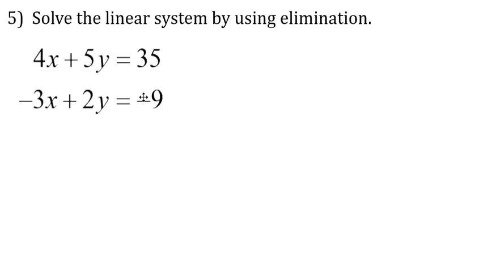And I'm looking to see what I'm working with, and I have a positive 4x and a negative 3x. Well, 4 and 3, they have a common multiple of 12. So if I had a positive 12 here and a negative 12 there, that would make a 0. So I can multiply the first equation by 3, so I'd get that positive 12x, and I can multiply the second equation by 4, and I'd have my negative 12x.